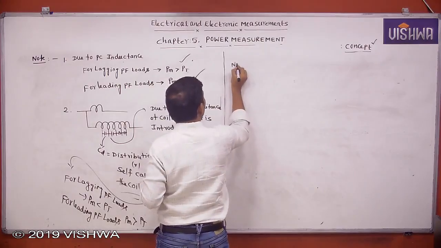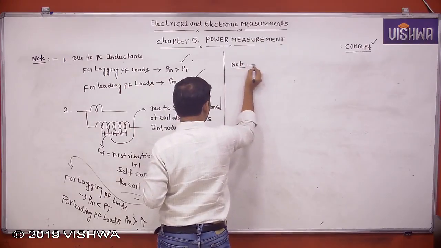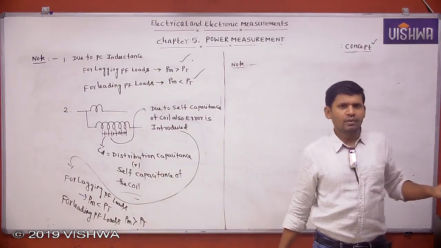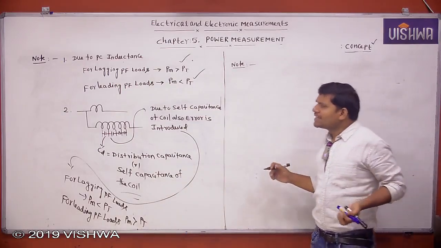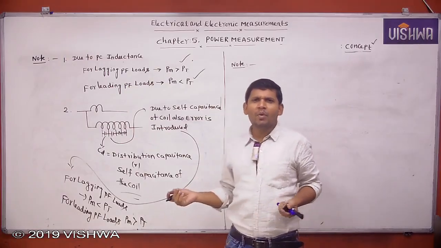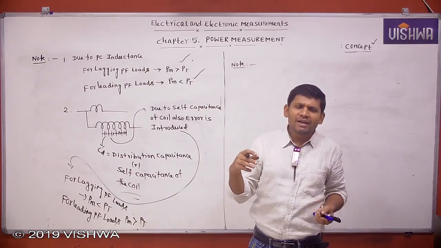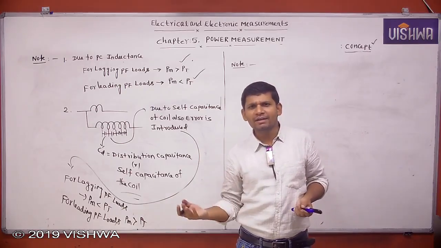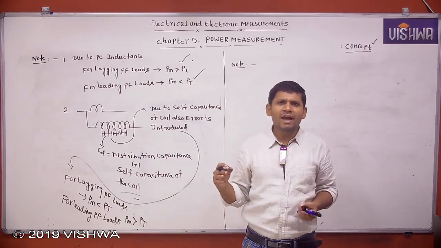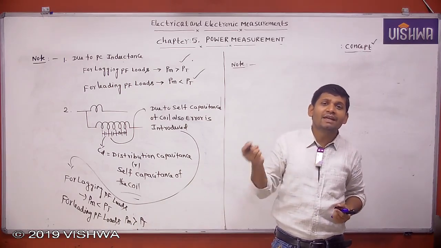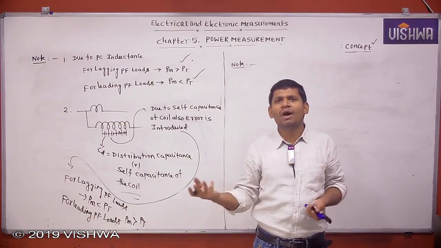One more note you remember here. In general, a wattmeter measures the power. There is some pressure coil voltage and pressure coil current. Whenever pressure coil voltage and current coil current exist, the wattmeter automatically measures the power.